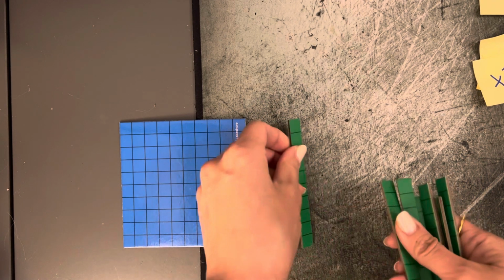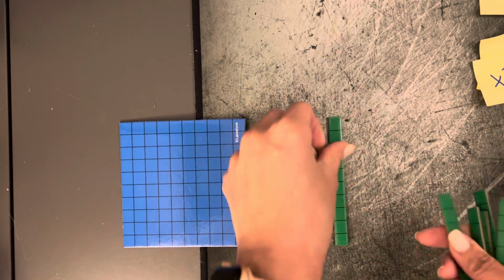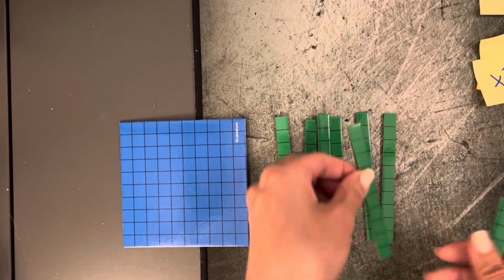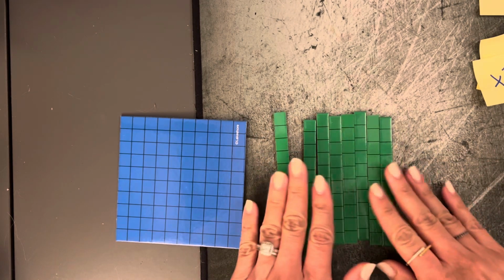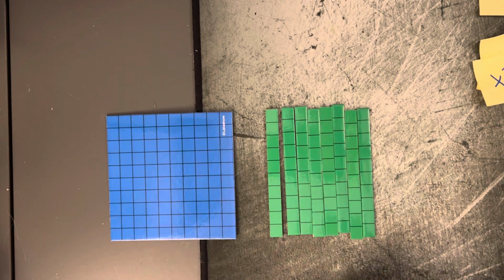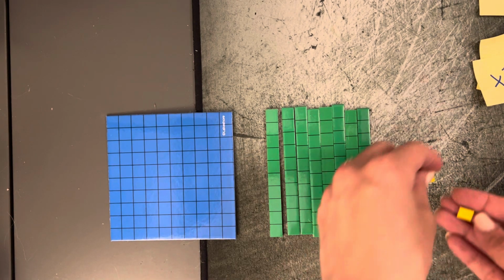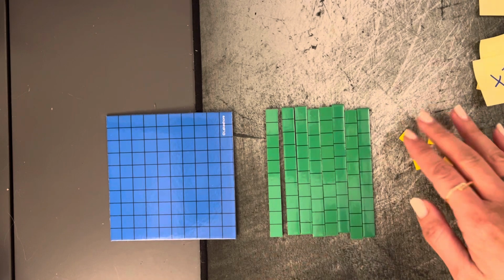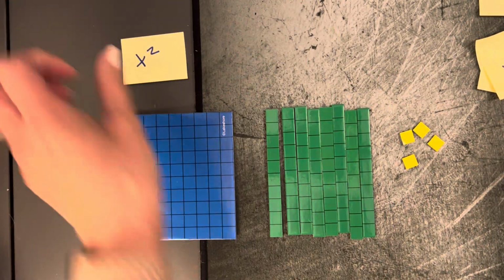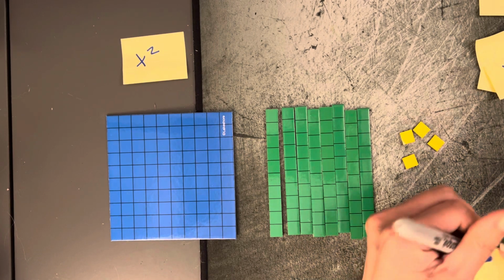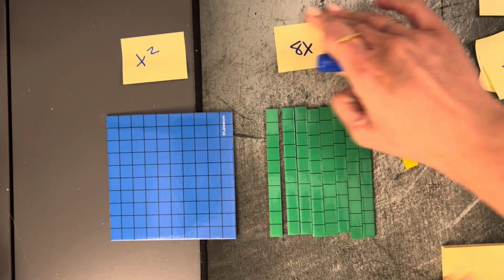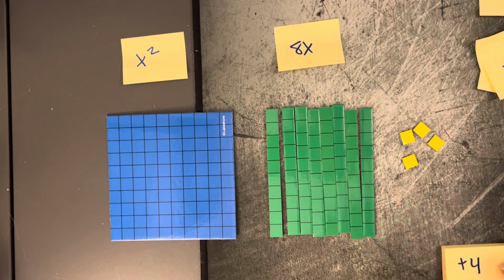All right, so we've got 1, 2, 3, 4, 5, 6, 7, 8. So we've got x squared, 8x, and then let's say we have 4 ones, right? So we have x squared here plus 8x here plus right now we have 4.